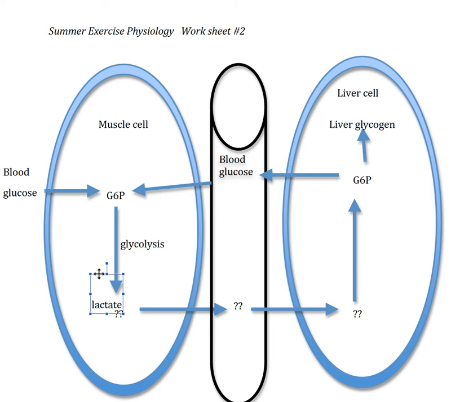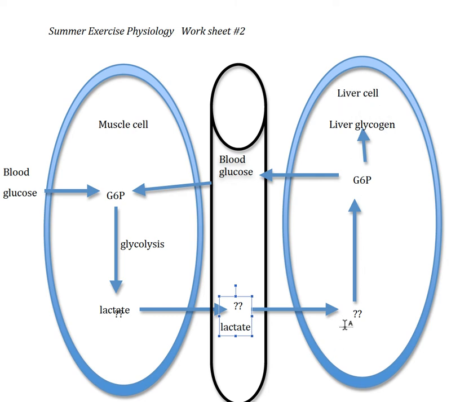So lactate is formed at the end of glycolysis. That lactate then moves out into the bloodstream. So this would also be lactate that is circulating in the bloodstream. And then it is sent to the liver cell.